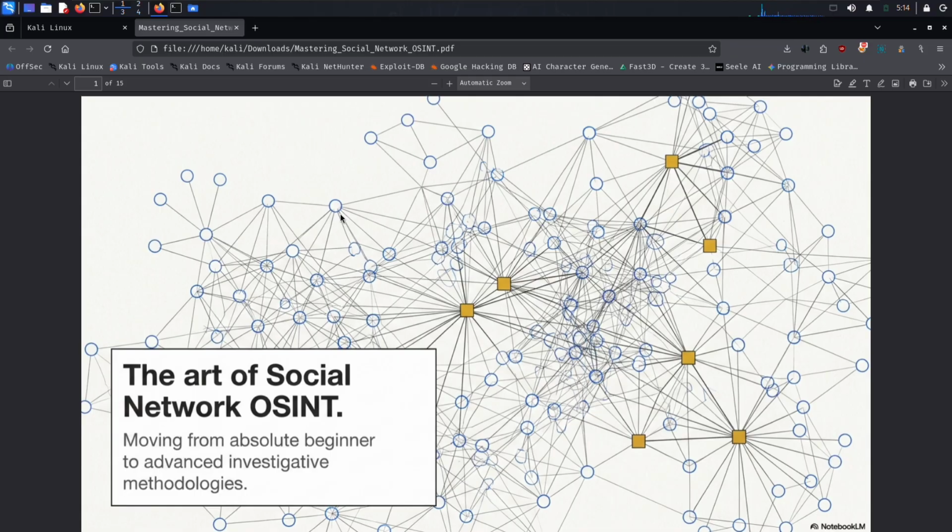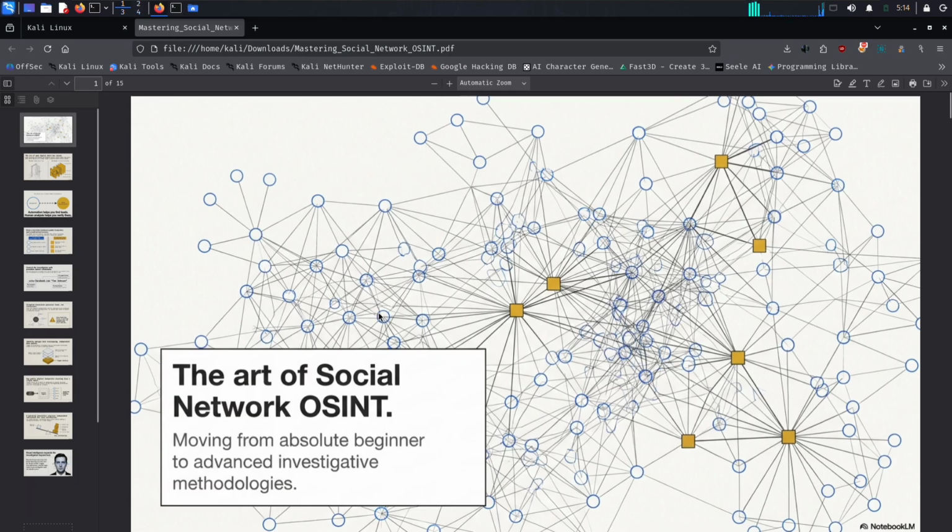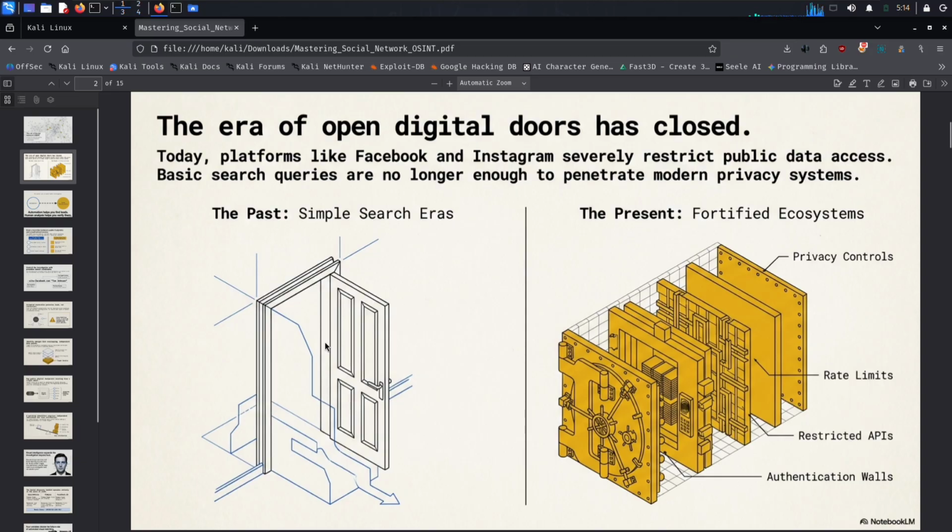As technology continues to develop, online security and privacy protections are also improving. In the past, OSINT investigators could sometimes find information about a target with relatively simple searches. But today, things have become much more difficult. Social media platforms have introduced stronger privacy controls, better search systems, rate limits, authentication requirements, and other restrictions.